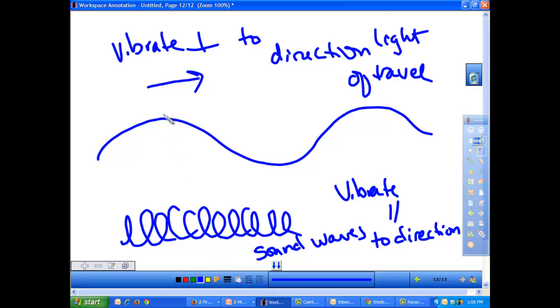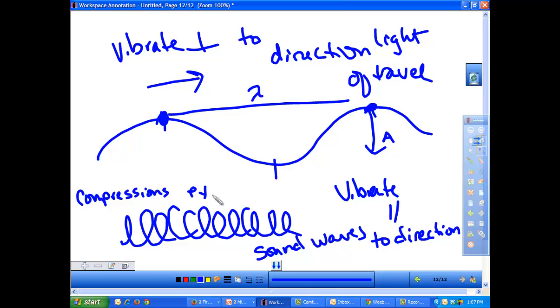Remember that transverse waves have regions: crests, which are the high regions, and troughs, which are the low regions. Wavelengths are the lengths from crest to crest or trough to trough, if you guys remember that from last year. That's a wavelength. The amplitude of a wave is the height from equilibrium to the position on the wave. Longitudinal waves have crests and troughs as well, but they're called compressions.